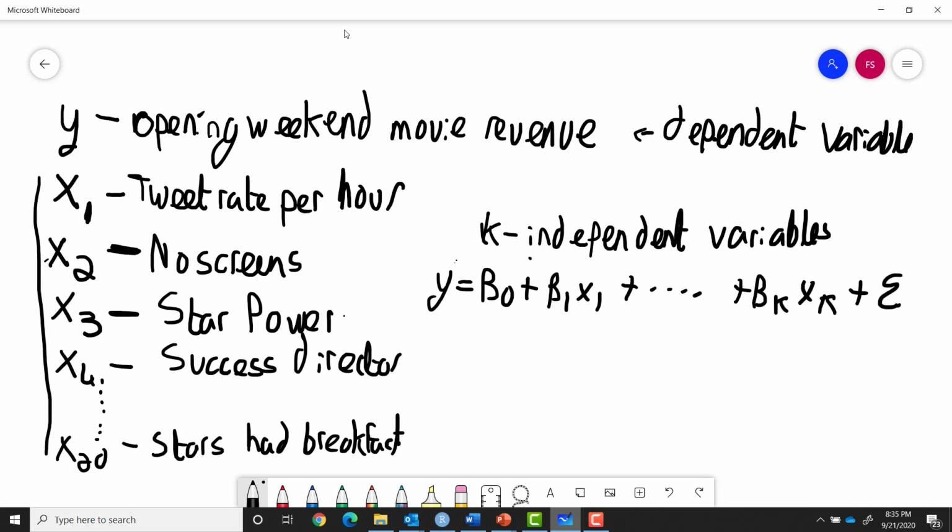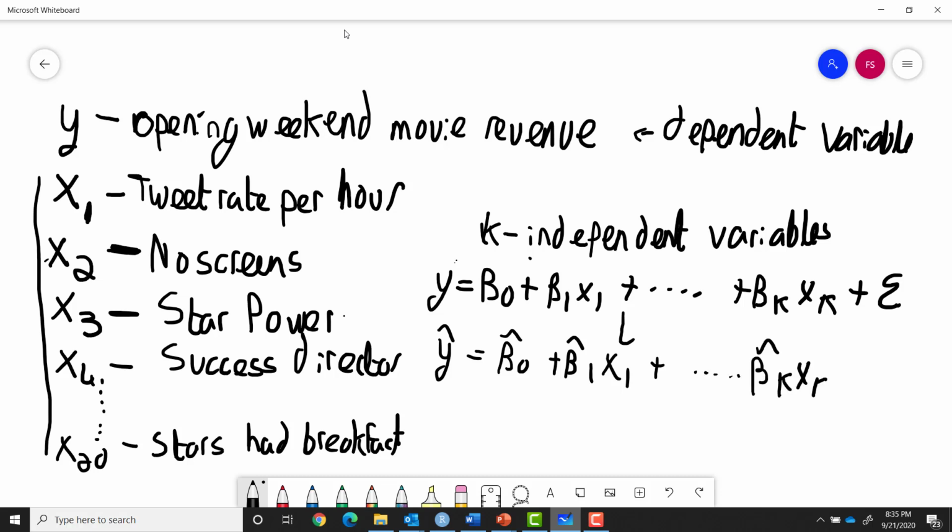And then we can actually fit them. So again, as before, we'd have the y hat for the regression line. I can't actually draw this on a piece of paper because with 1 independent variable we have 2 dimensions, with 2 independent variables we have 3 dimensions, and here we'd have k plus 1 dimensions. So you'd have to imagine the line I drew, but in an infinite space.